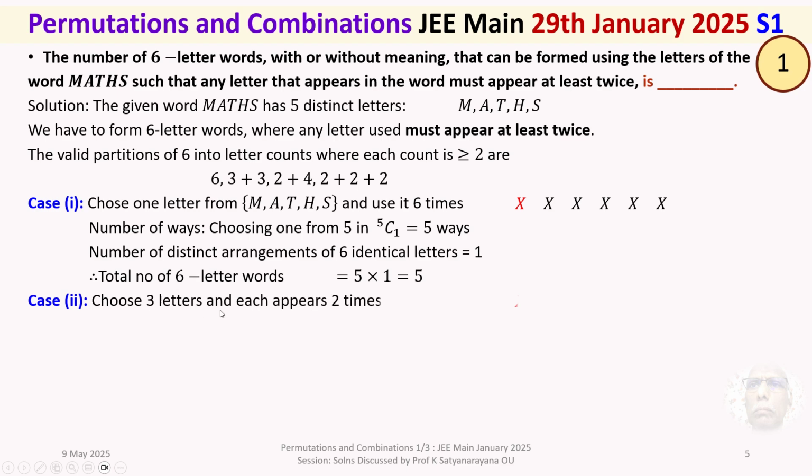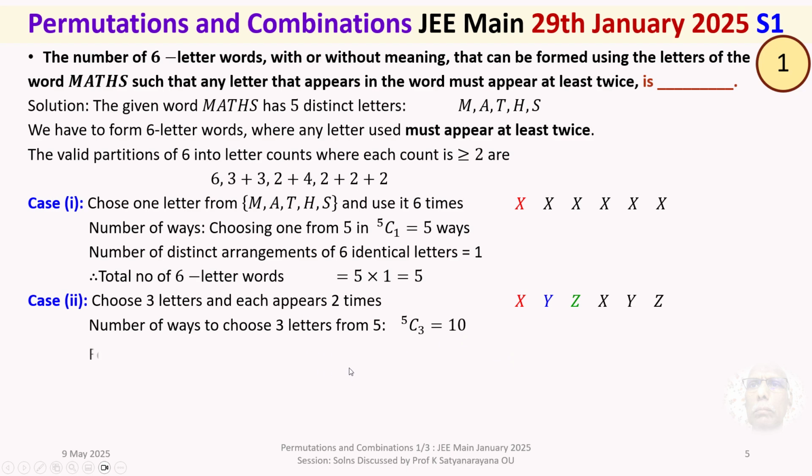Choose 3 letters and each letter appears 2 times, thereby X, Y, Z. X is repeated 2 times, Y is repeated 2 times, Z is repeated 2 times. The number of ways to choose 3 letters out of 5 letters is 5C3, that is 5C2, which is 5 into 4 by 2, that is 10.